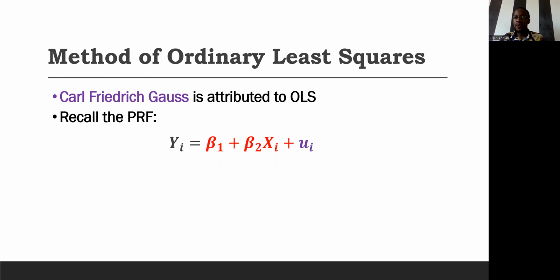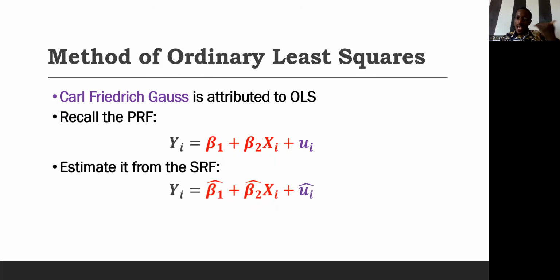The whole thing is we have the population regression function. We are going to estimate it from the sample regression function because we are going to use a sample. What we do is that the beta 1 hat plus beta 2 hat x, I've used coloring to differentiate what we are doing. That red part is the y hat, the estimate.